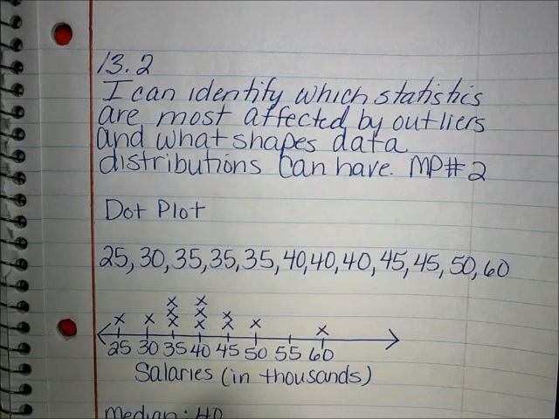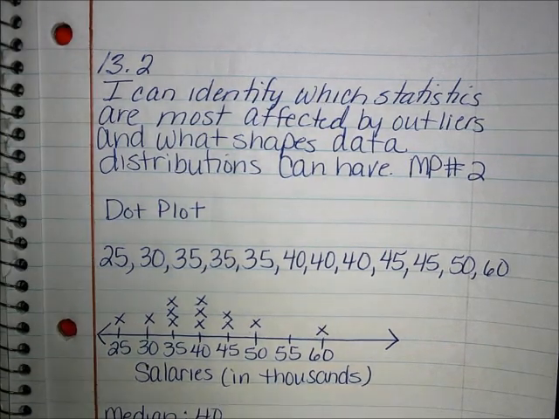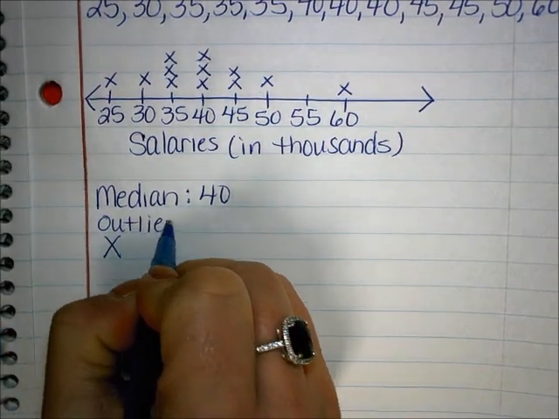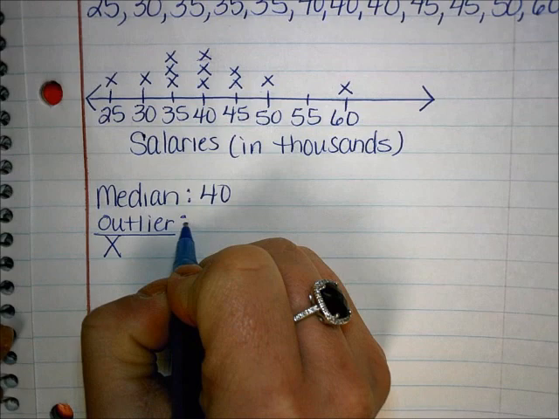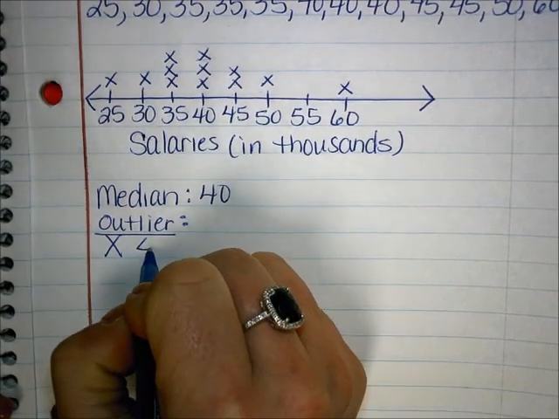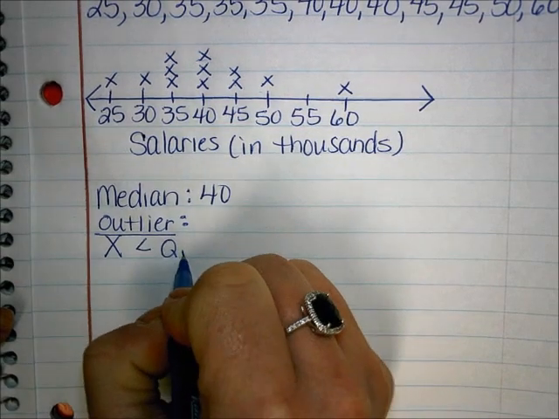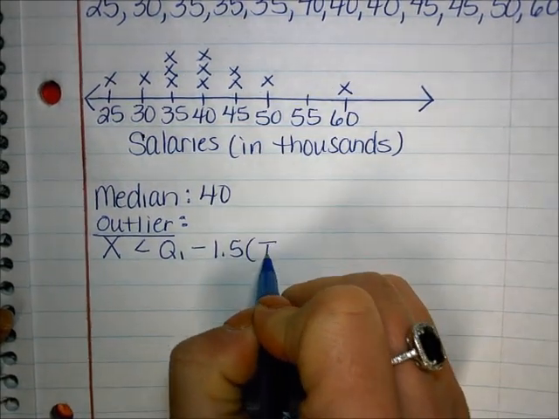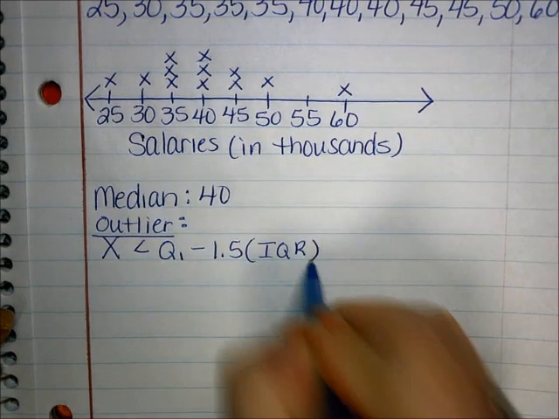Here's how you do it. Let's say X is the data value that we're discussing. Okay, in order to be an outlier, X has to be less than the first quartile minus 1.5 times the interquartile range.